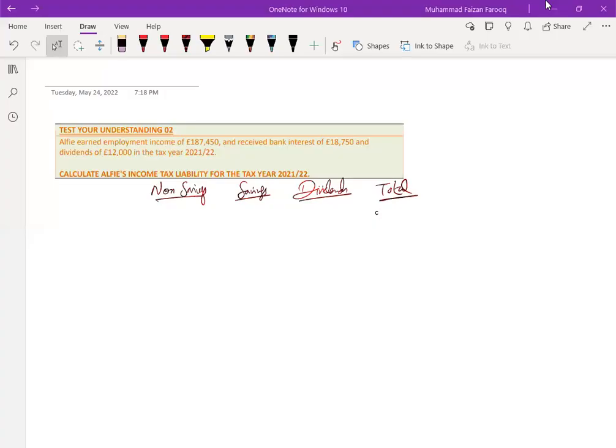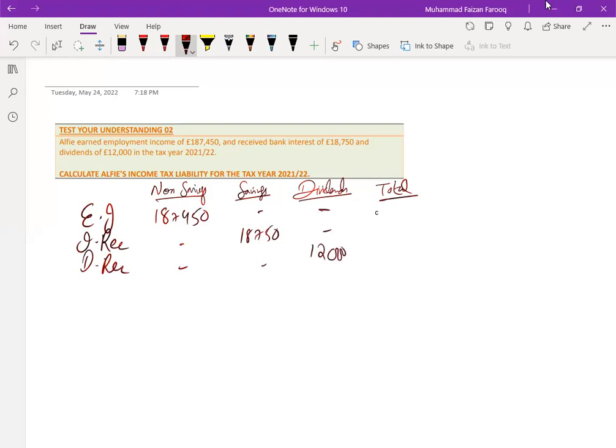In this question, Alfie's employment income is 187,450. She is receiving interest of 18,750. She also receives dividend, which is 12,000. So 187,450, 18,750, and 12,000.